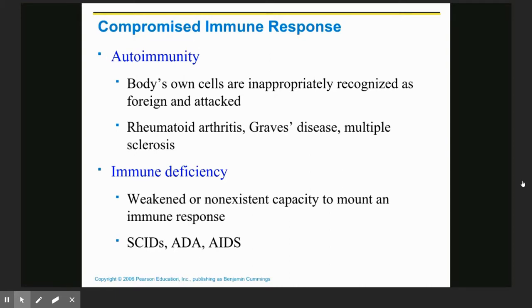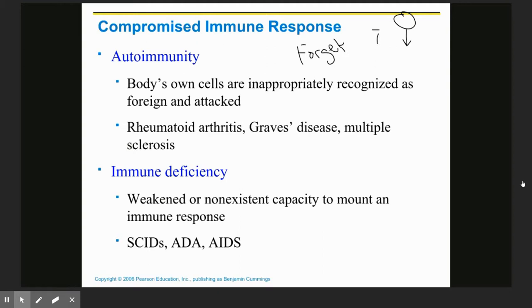One of the most common types of hyperthyroidism is an autoimmune disease called Graves' disease, but also things like rheumatoid arthritis and multiple sclerosis. So what happens here? What happens is we forget the difference between self and non-self. In other words, remember those cells, they were tested.